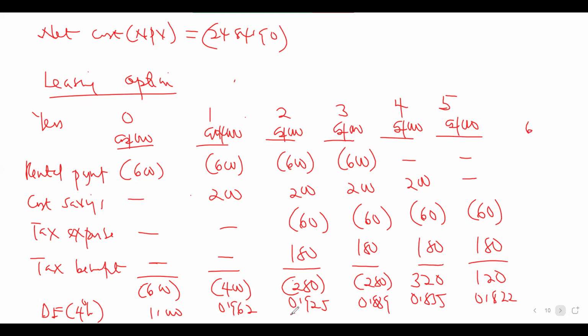So I'm having 600 giving 384.8. The second year will give us 0.925 multiplied by 280, I'm having 259.